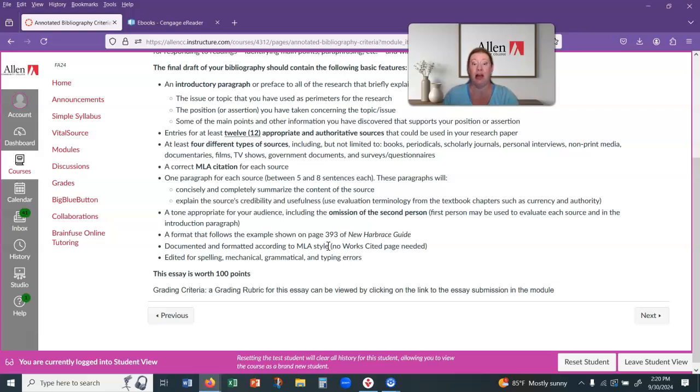So you could say this source is current or this source is not current, and then whether or not that affects the credibility of the source. So if it's a psychology topic, if it's about autism or something, you would want the most current research that's been done.